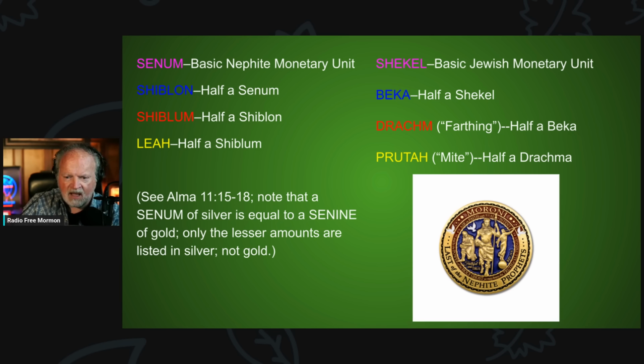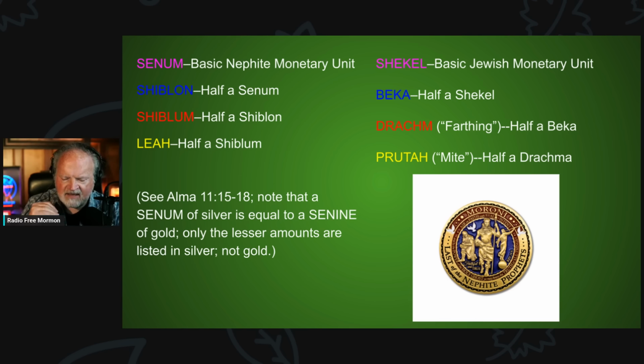Shiblum is half a shiblon. Drachm or drachma, or a farthing, is half a bekah for the Hebrews. And finally, among the Nephites, a leah is half a shiblum. And among the Hebrews, a pruta or a mite is half a drachma. So it seems to be very simple all the way down.